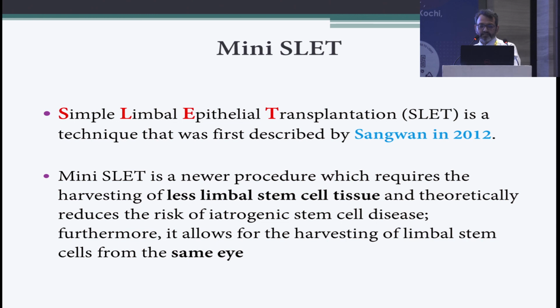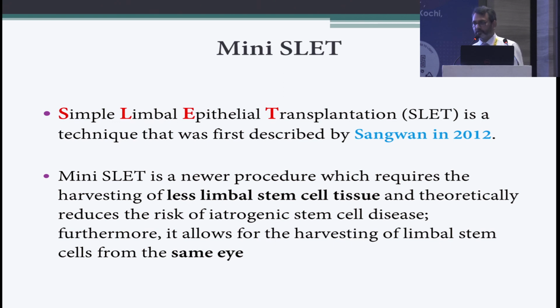Mini SLET is the minimal simple limbal epithelial transplant. It's a technique that was first described by Dr. Sangwan in 2012. The mini SLET is a newer procedure which requires the harvesting of less limbal stem cell tissue and theoretically reduces the risk of iatrogenic stem cell disease.